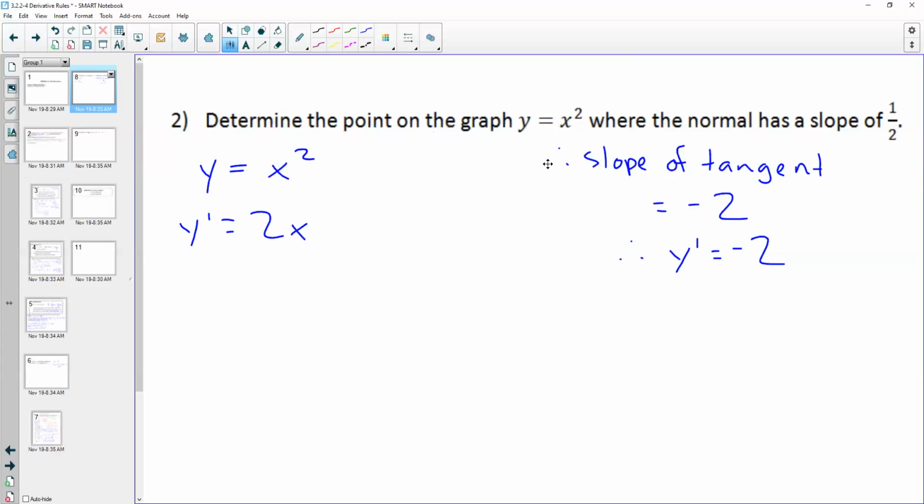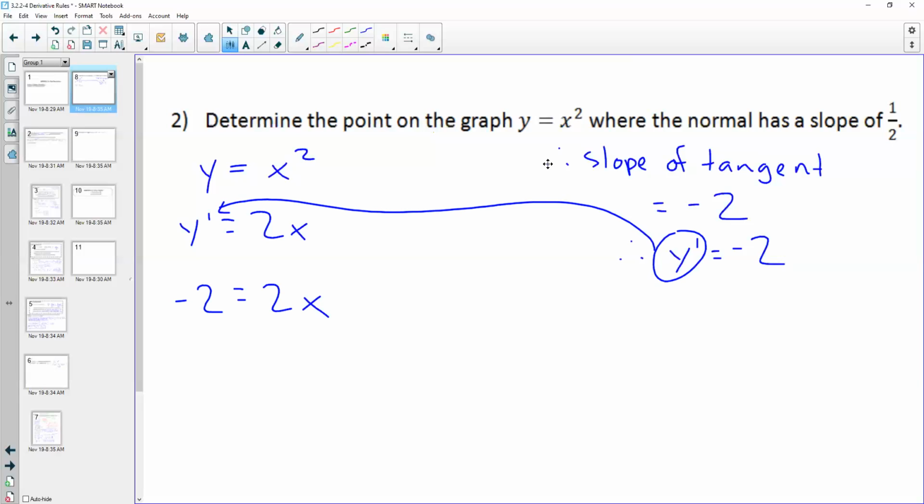But actually, because we know that y prime is -2, the slope of our tangent, we can substitute this value into this. So at that point, we know y prime is -2. So -2 is equal to 2x.